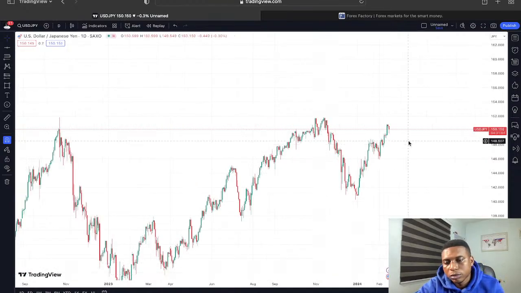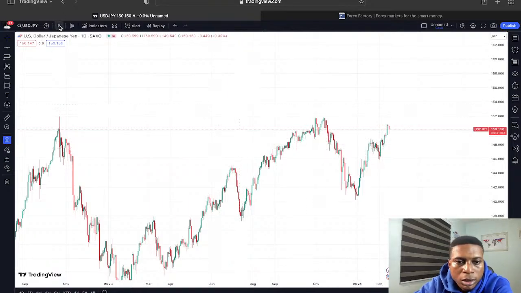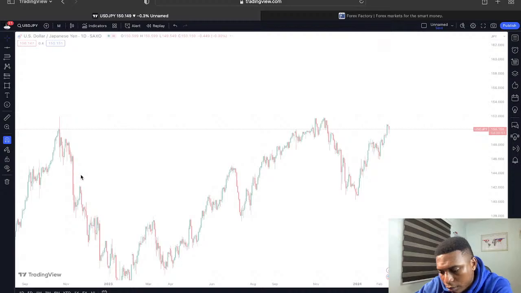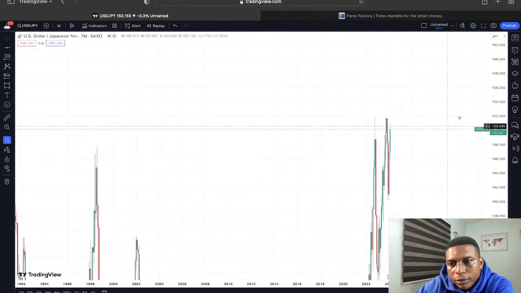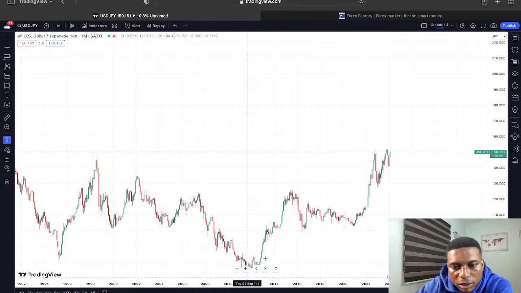Now let's look at the USD JPY on the monthly time frame.